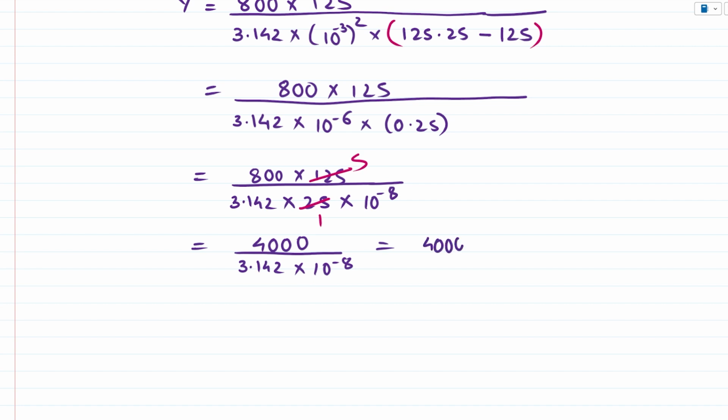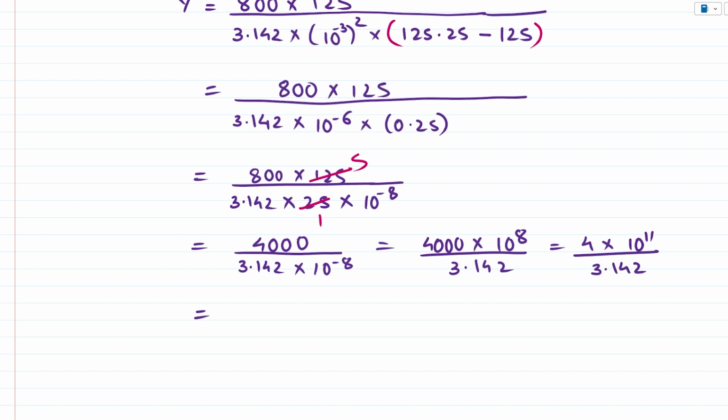So 4000 into 10 raised to 8 divided by the value of pi, that is 3.142. And इसको हम simplify करेंगे 4 into 10 raised to 11, because 4000 is 4 into 10 raised to 3. 10 raised to 3 into 10 raised to 8 is 10 raised to 11 divided by 3.142.